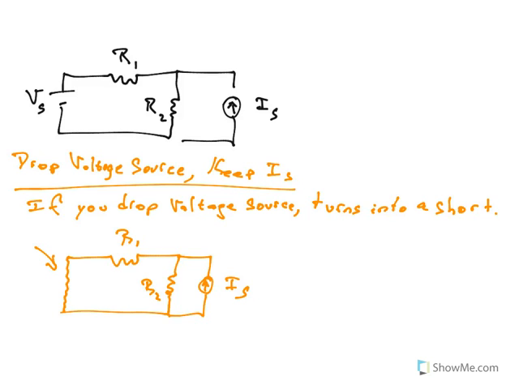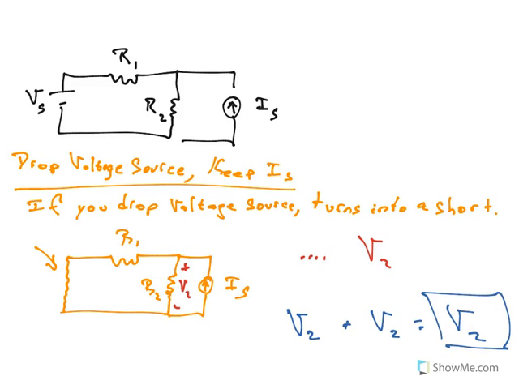And again, if this were a real example, I would still be trying to find the voltage across R2. So for this particular circuit, I do my work, and I get some V2 for this. And then my answer would be V2 from the first part plus V2 from the second part gives me the total V2 I'm trying to find. And that's what superposition says.